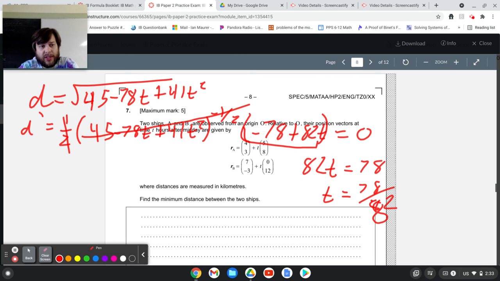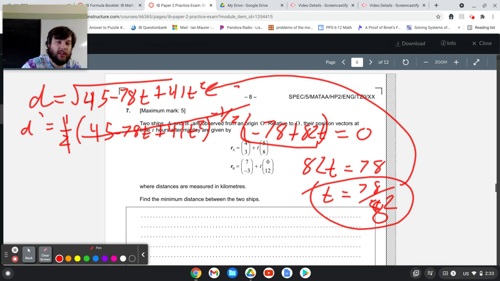Now, is that the answer to the question? No, that's just the time it takes. So we want to go back to our distance formula and substitute 78 over 82 into it. I'm taking this number and substituting it in for the letter t there, and for the letter t there.